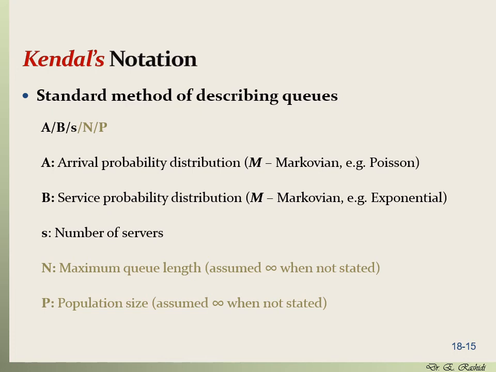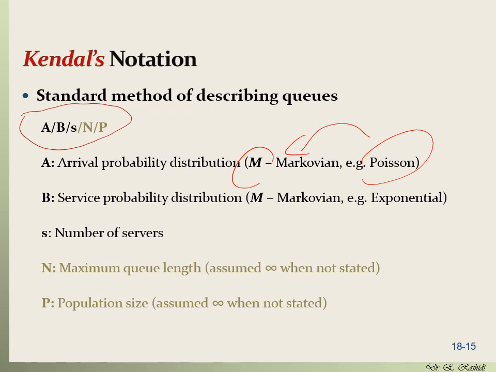In Kendall's notation, we have this notation A, B, S, N, and P. A is the arrival probability distribution. For example, if it's a Poisson distribution, we're going to use M, which stands for Markovian distribution, because Poisson distribution is a Markovian distribution. So we're going to use M if it's a Poisson distribution.